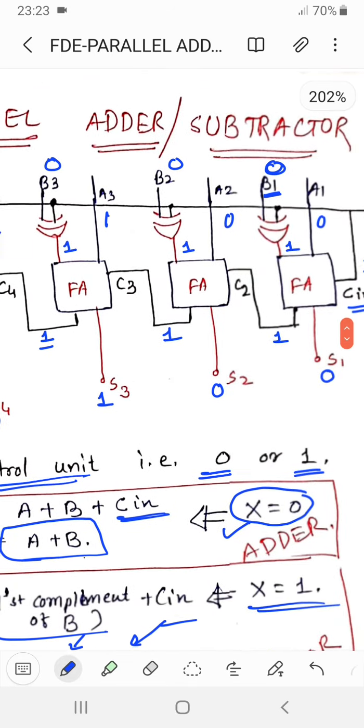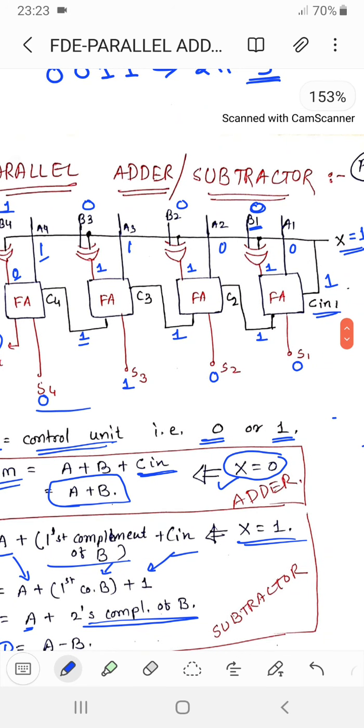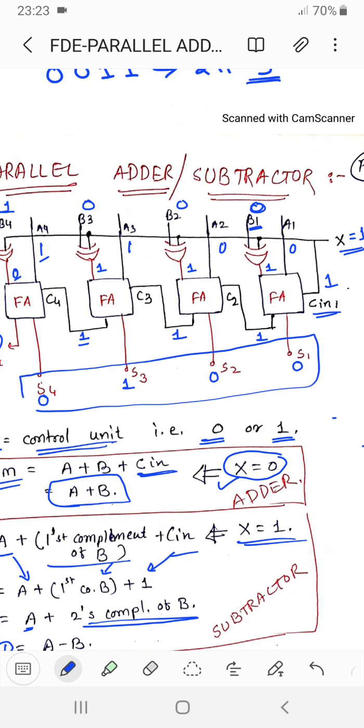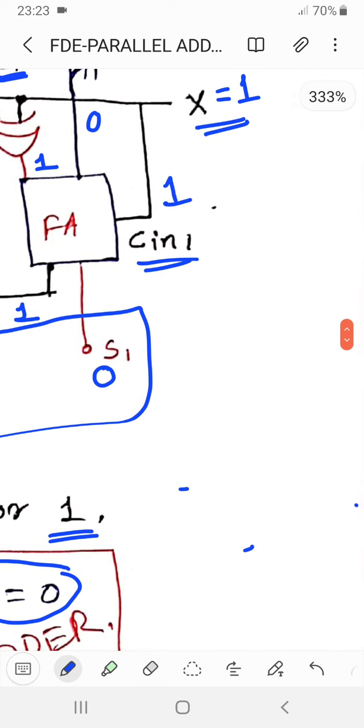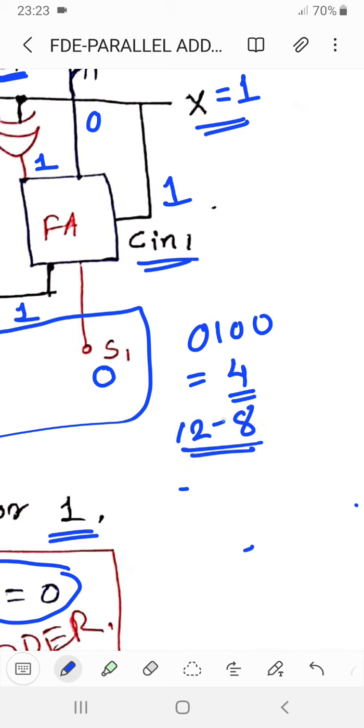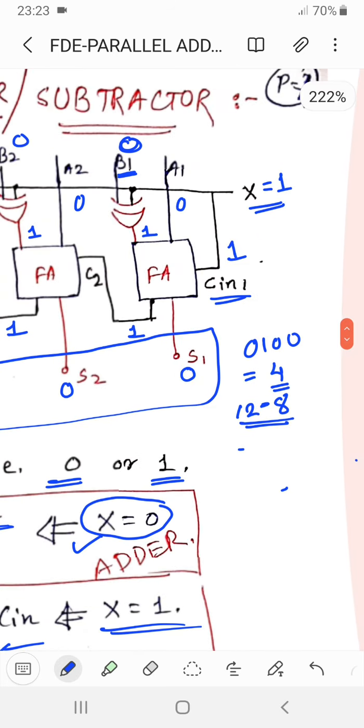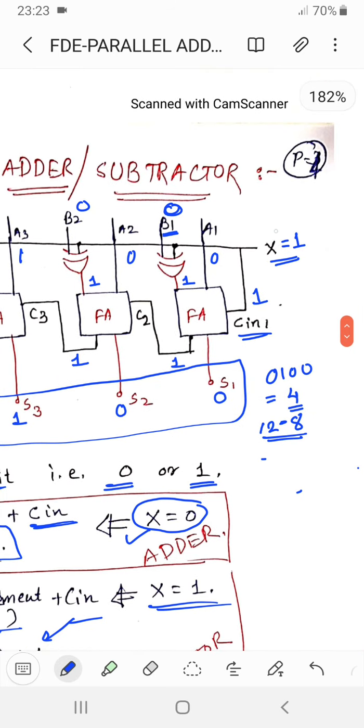So automatically the answer that we have found in this 2's complement method is 0 1 0 0. So 0 1 0 0 is already 4, and it is the answer of 12 minus 8 as a subtraction by the same circuitry, by just changing X equal to 0 to X equal to 1. So X equal to 0 is your adder, and X equal to 1 is your subtractor.